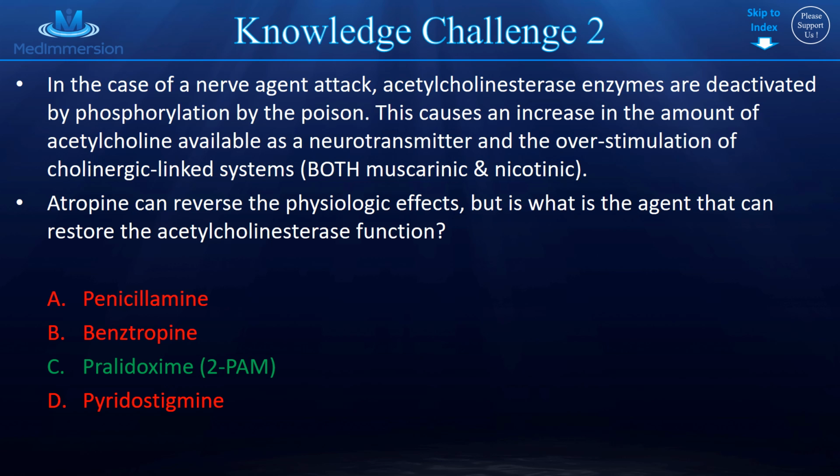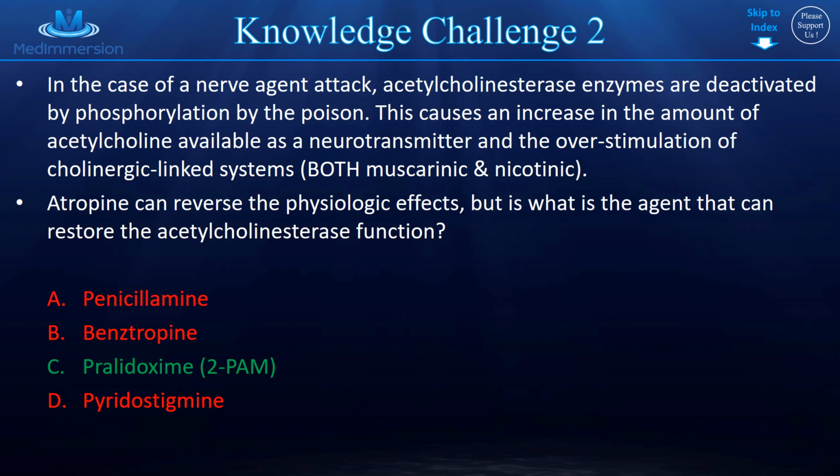What is penicillamine? What does it do? Well, it's a chelating agent. It's normally used to get copper out of the system. People use it in Wilson's disease, things like that. How about benztropine? Well, benztropine is another muscarinic antagonist, kind of like atropine, but it's used mostly for Parkinson's disease.